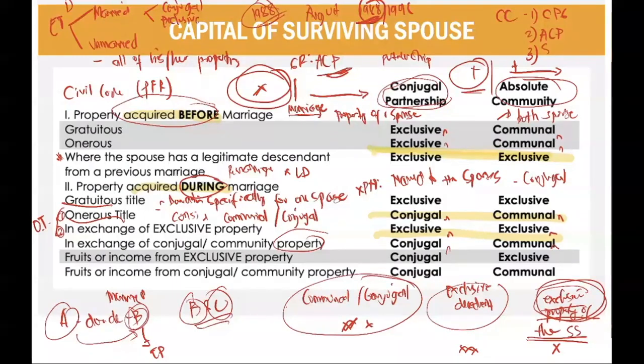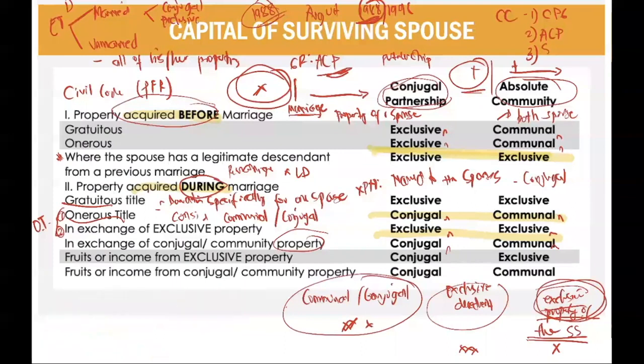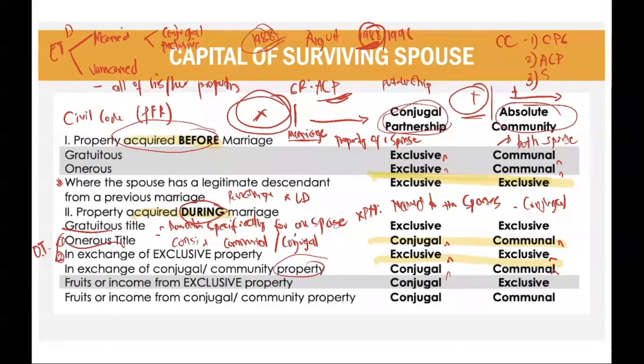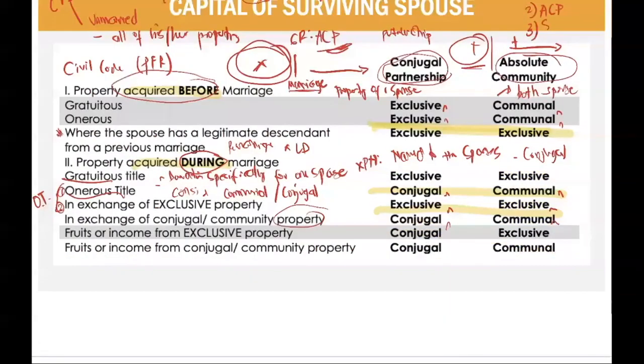Next, fruits or income from exclusive property. This is a difference between your absolute community and your conjugal partnership. So here, in your conjugal partnership, we said any items after the marriage are considered community or conjugal property.